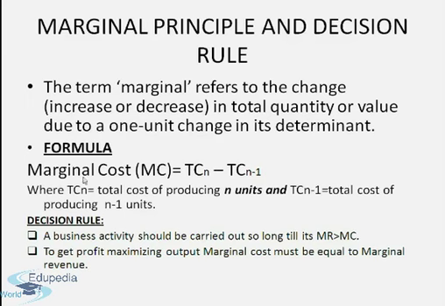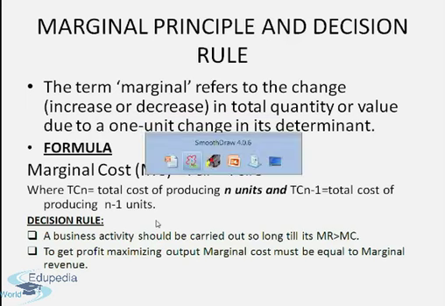Thus summarizing, marginal cost is equal to total cost of producing n units minus total cost of producing n minus 1 unit. Now comparing the marginal cost and marginal revenue helps us to take a decision.